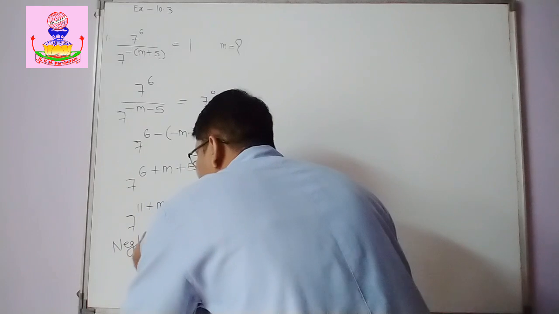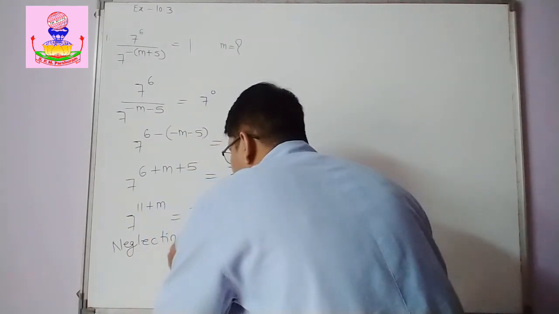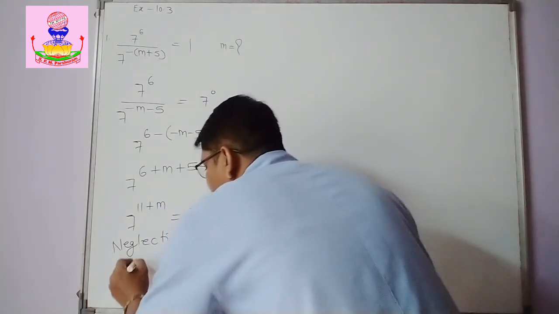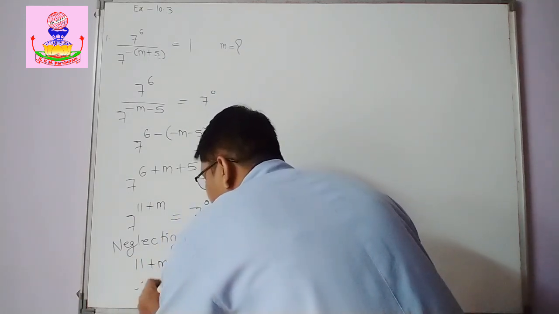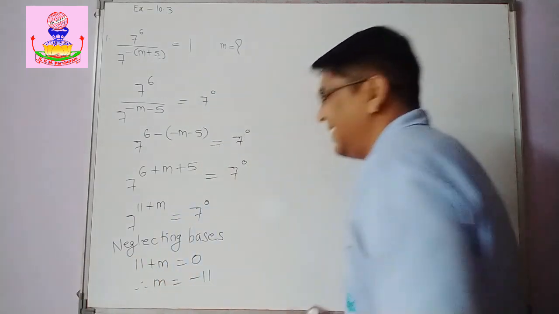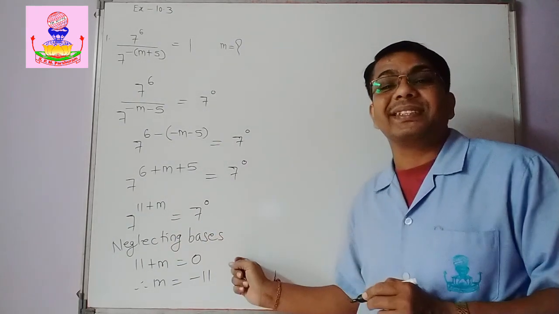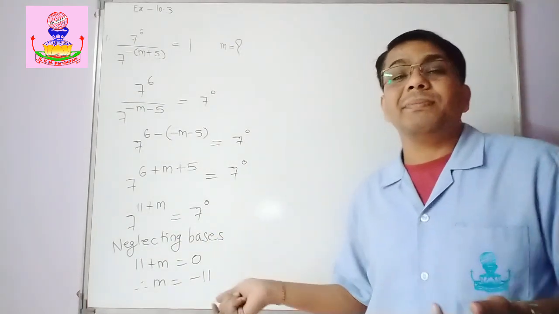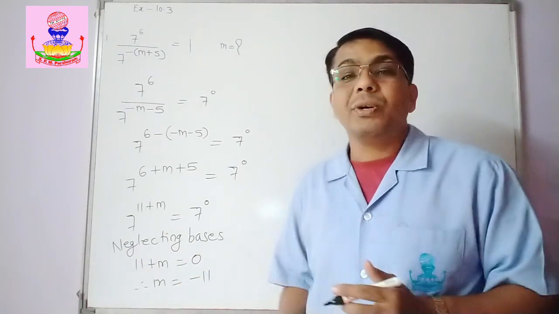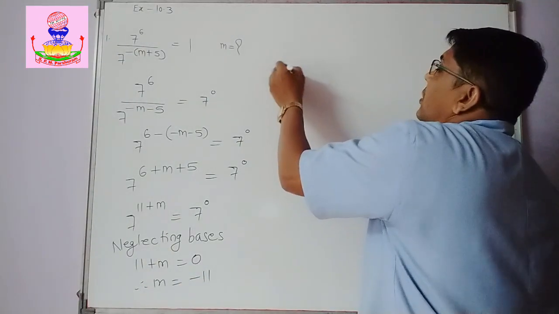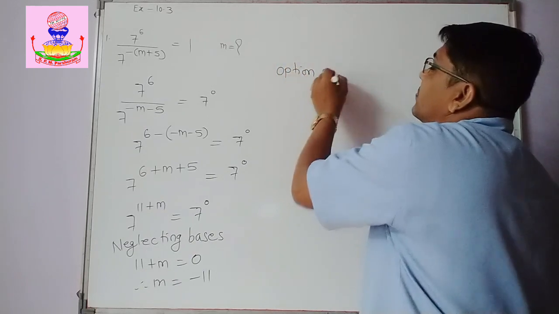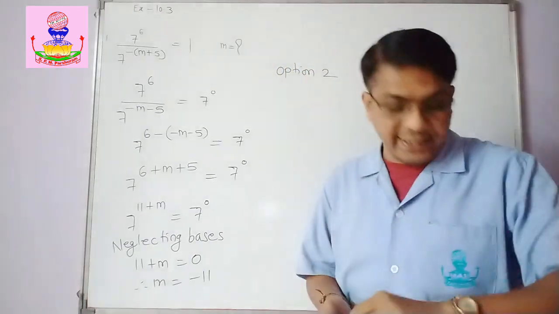So neglecting bases, 11 plus m is equal to 0. Therefore m is equal to minus 11. Bring 11 to this side. So when it comes to this side, it will become minus. So m is equal to minus 11. Option number 2. Option 2. Okay. Now next example.